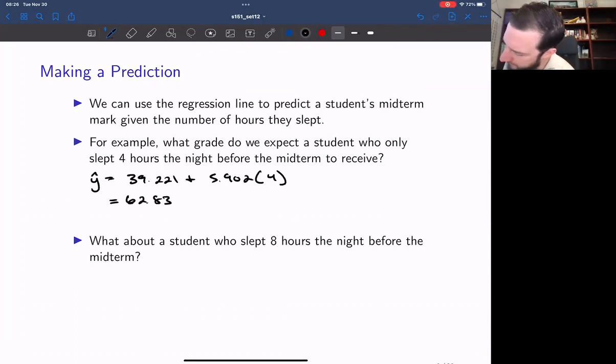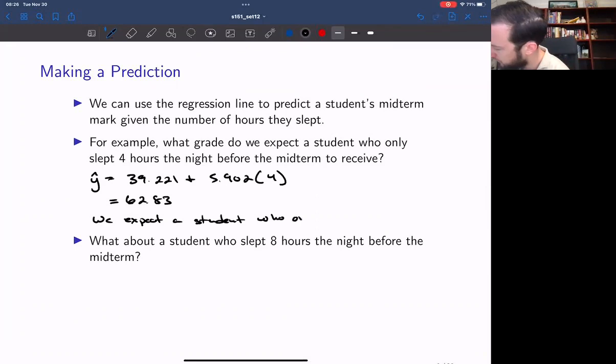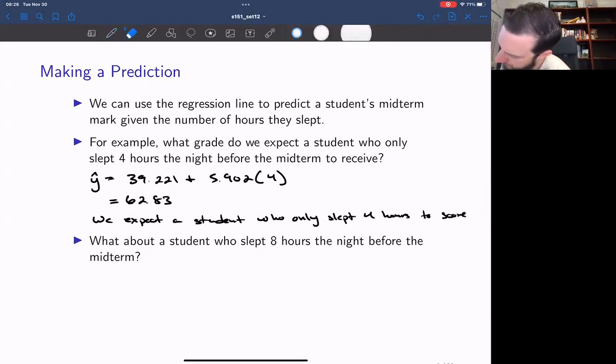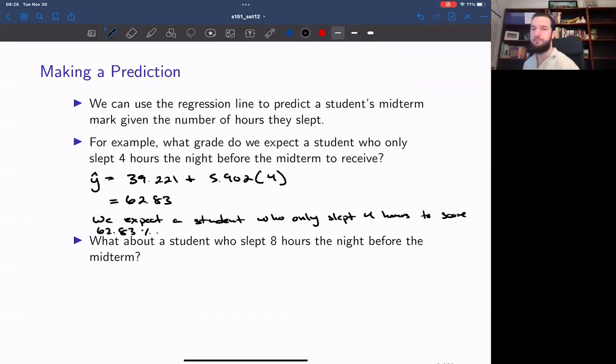So we're basically saying we expect a student who only slept 4 hours to score 62.83%.